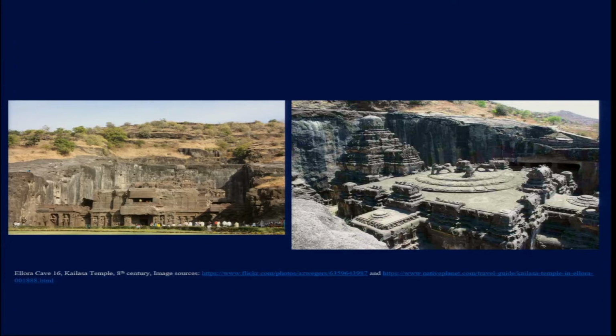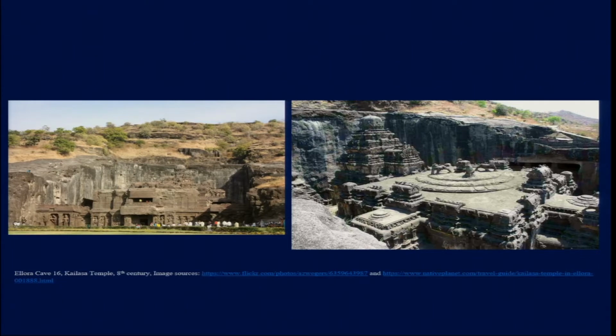However, some of the caves were started before that, and some were built after this time period. So 600 to 1000 is the time period in which most of the activities were concentrated.